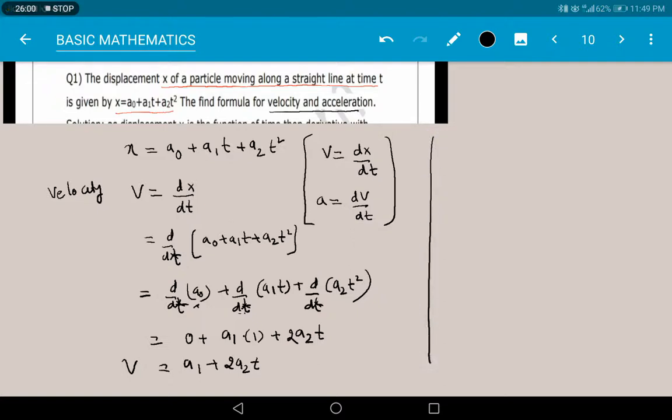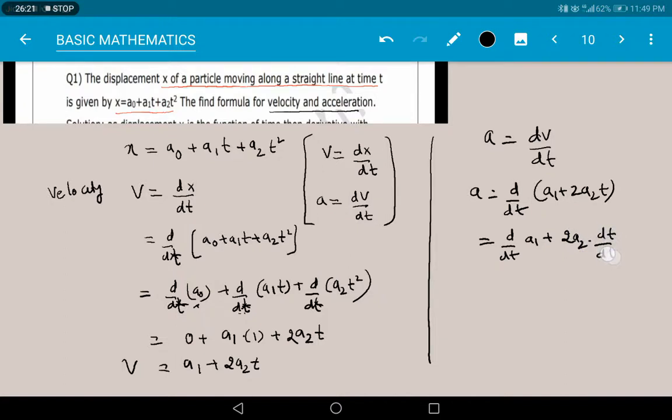Next they are asking acceleration. So acceleration is equal to dv by dt. So acceleration is d by dt of a1 plus 2a2t. So d by dt of a1 plus 2a2 dt by dt.